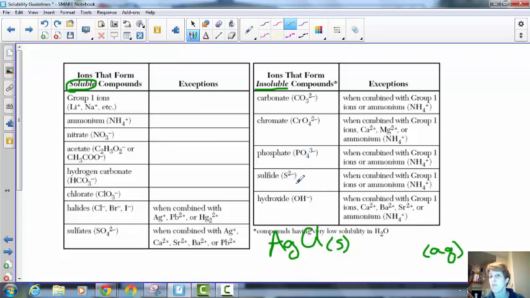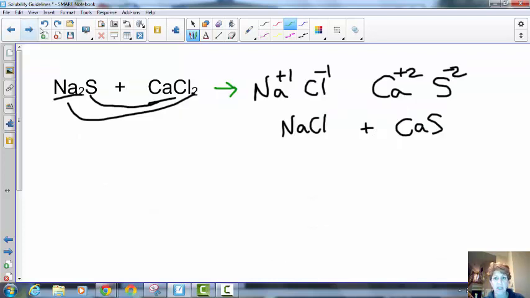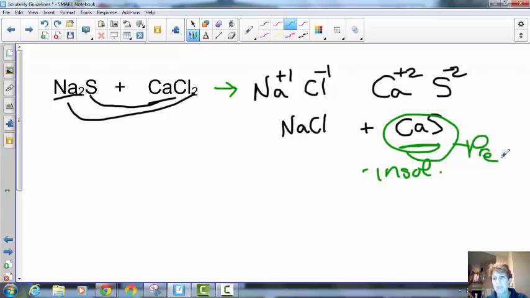So I'm looking for some part of the formula. S is insoluble unless you put it with a group 1 ion. Calcium is not a group 1 ion. So that means this compound that we formed here, this one right here, is going to be insoluble, which means this is going to be my precipitate.